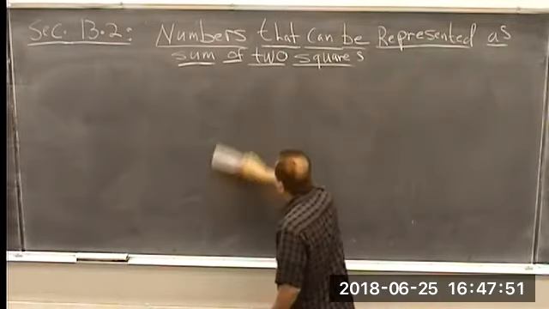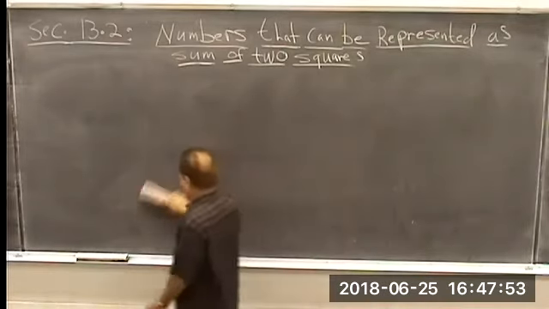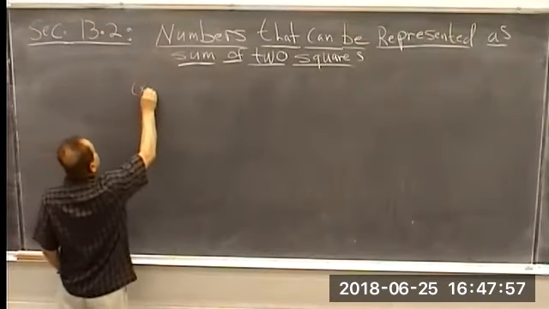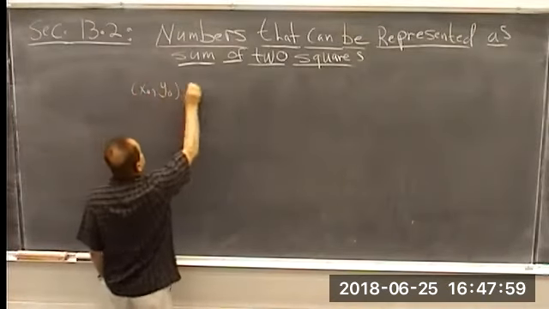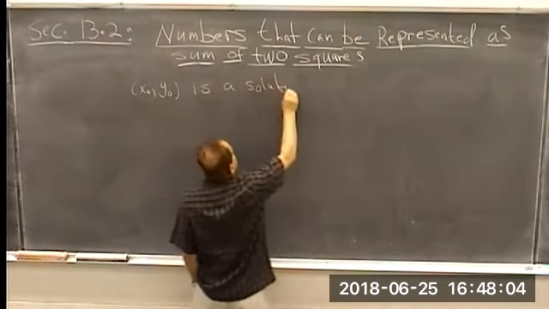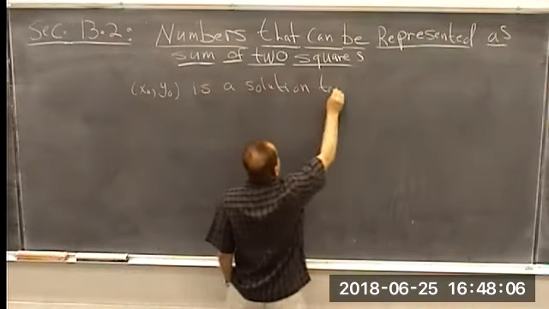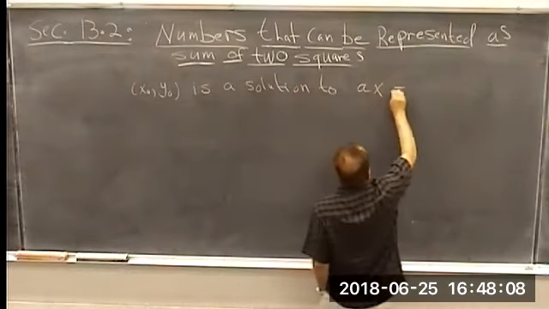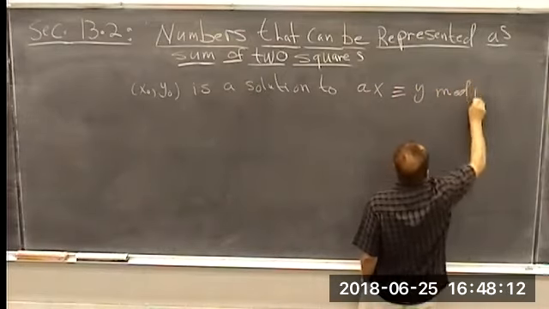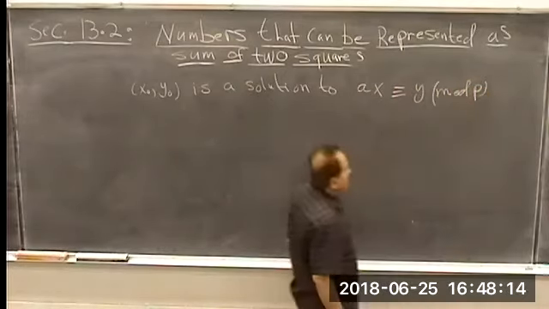Therefore, we do have that (x sub 0, y sub 0) is a solution to x congruent to y mod p.